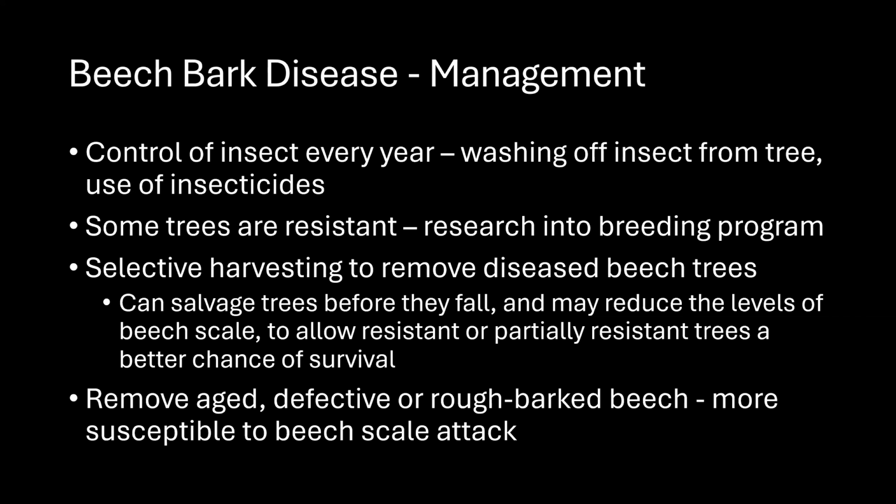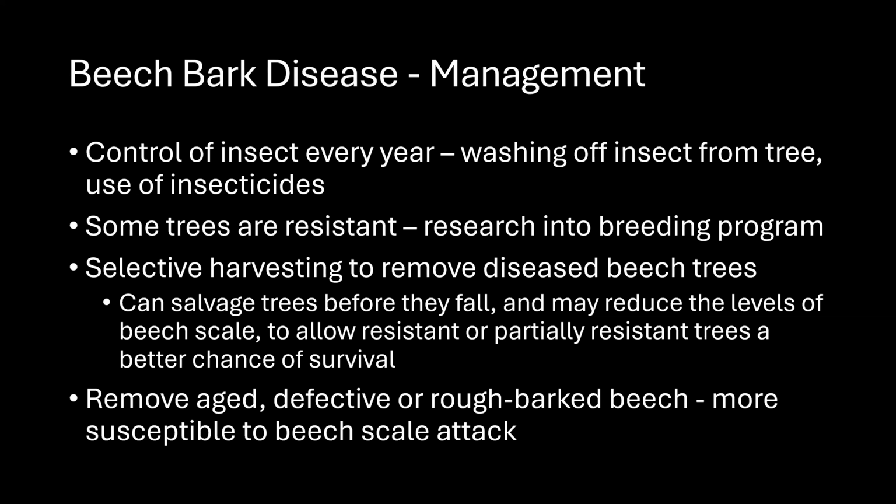A lot of times, even just doing a good spray, a good hosing off of the tree, unless it's pretty darn large and you can't get up into it, can help to hose down that insect pretty good. Or you can use varying insecticides to help treat and kill those scale insects as well.